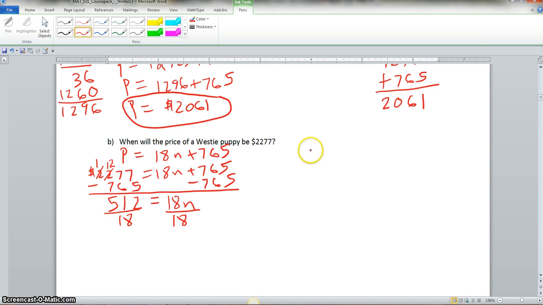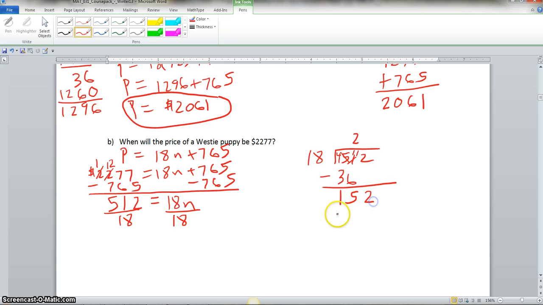Now we can go off to the side here and take 18 into 512. 18 goes into 51. It goes into it twice. 2 times 18 is 36. We cannot subtract 6 from 1, so we'll borrow 1 from this 5 and make it a 4, and this 1 will become 11. So 11 minus 6 is 5, and 4 minus 3 is 1.